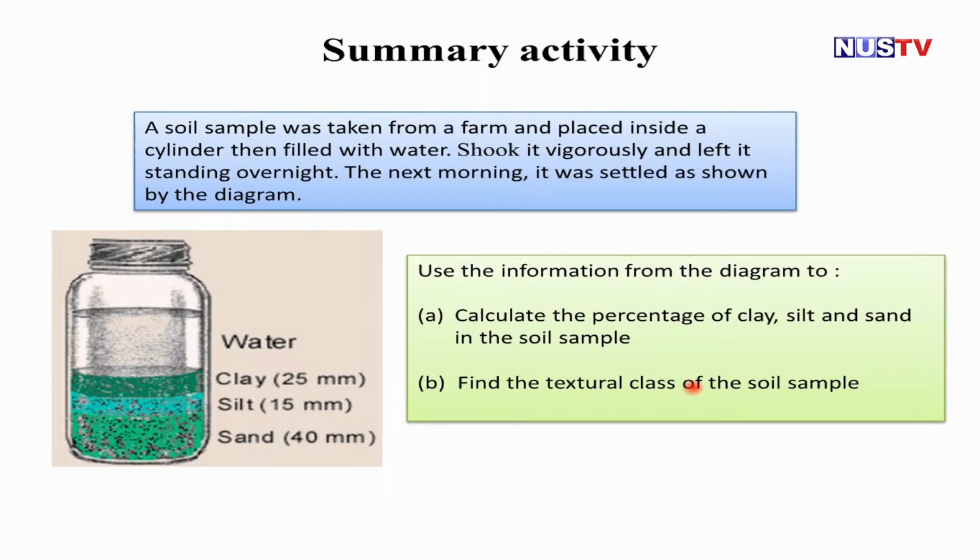Just like our previous example and activity, calculate the percentage of clay, silt, and sand. Remember, the total percentage is 100 and the total millimeter is 80. You add up 40, 15, 25. What will be your answer?